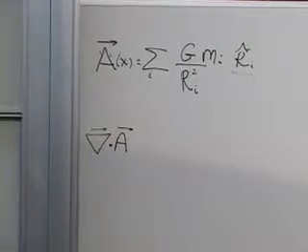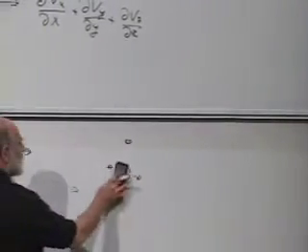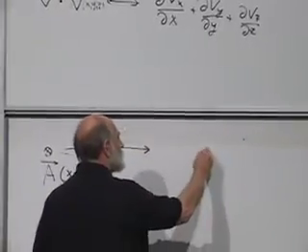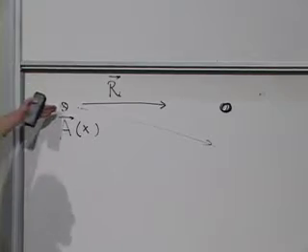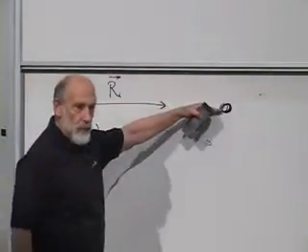The simple case, let's suppose there's only one mass point. If there's one mass point here, then let's look at the gravitational field in the neighborhood of that mass point.